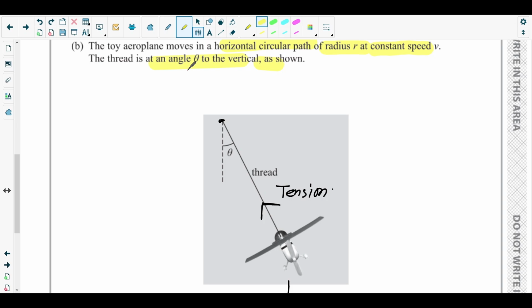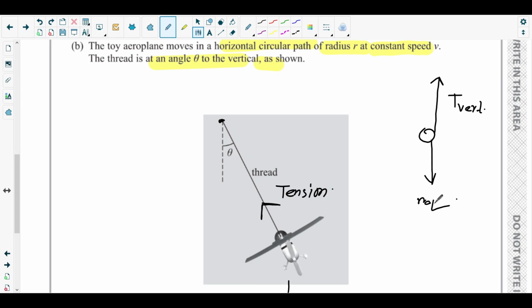So the forces acting vertically are the vertical component of the tension, T vertical, and in the downward direction the weight of the aeroplane.